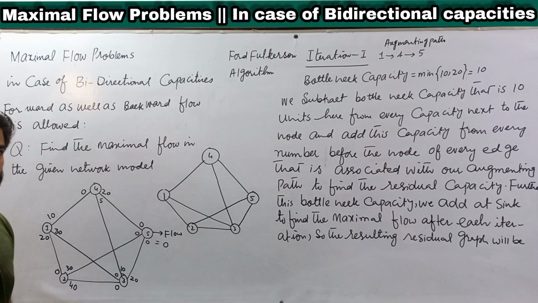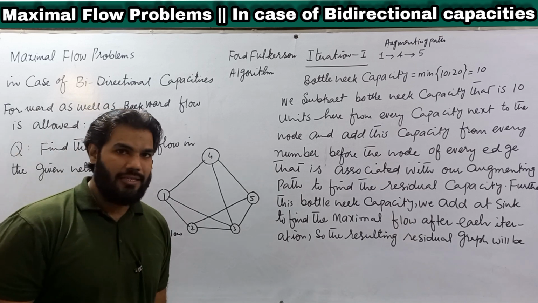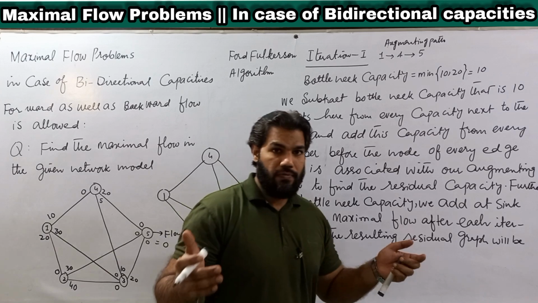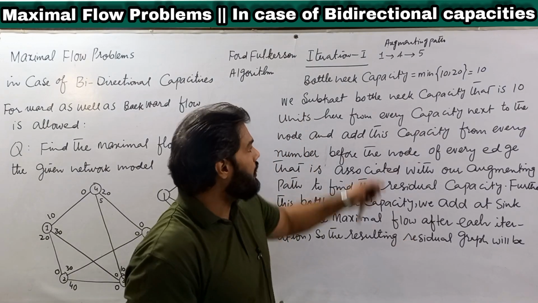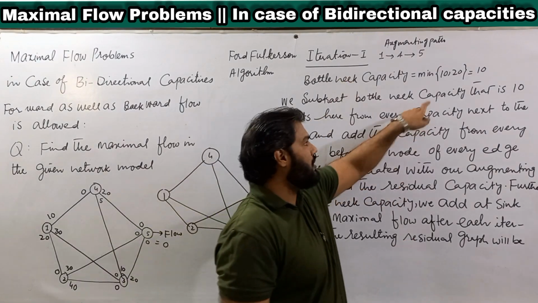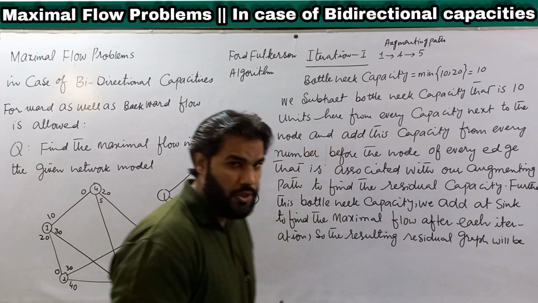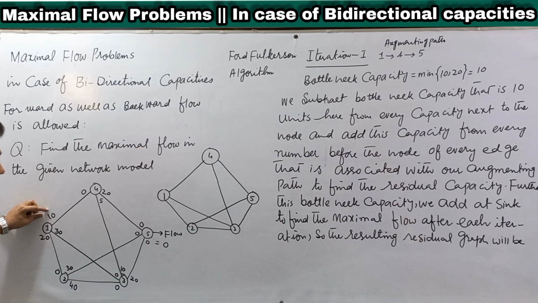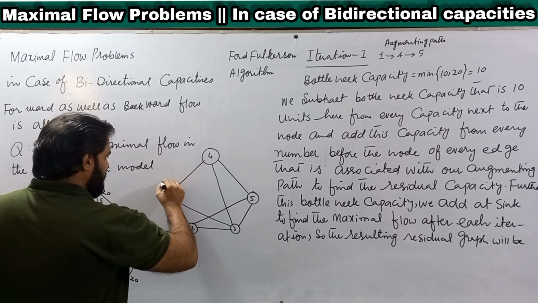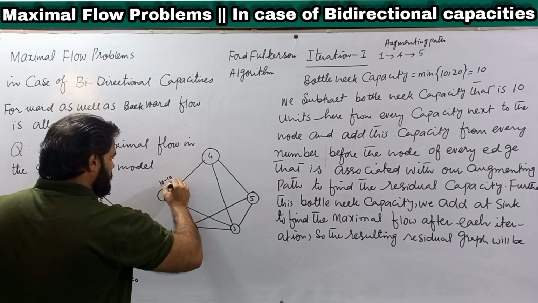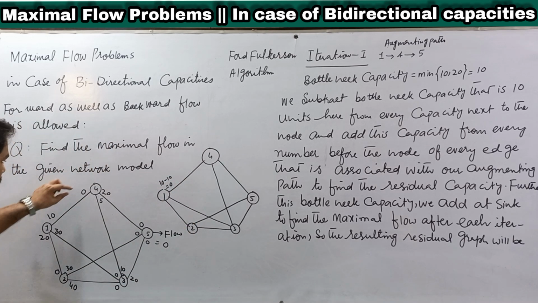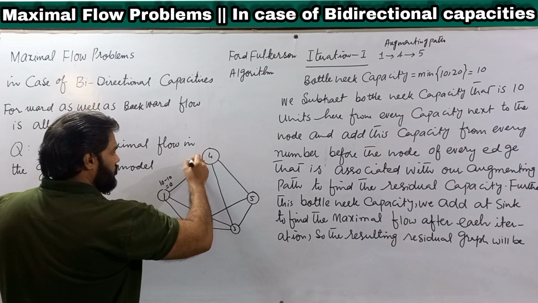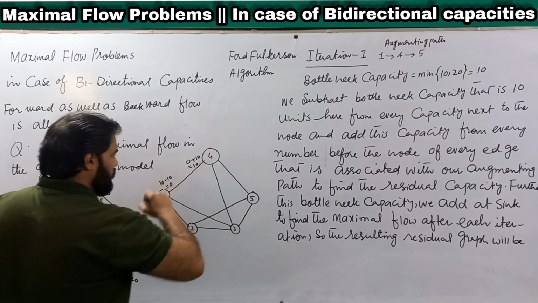Okay, now we change the numbers on every edge like this. Here in our first iteration, in our augmenting path, the bottleneck capacity is 10 units. So we subtract this number 10 from the first number of this edge. That is 10 minus 10, this will become 0 here. And at the same time, we add that 10 units to 0, this will become 10 units.